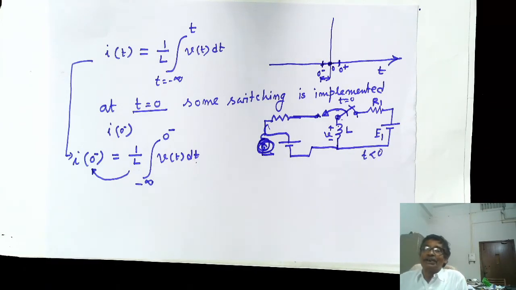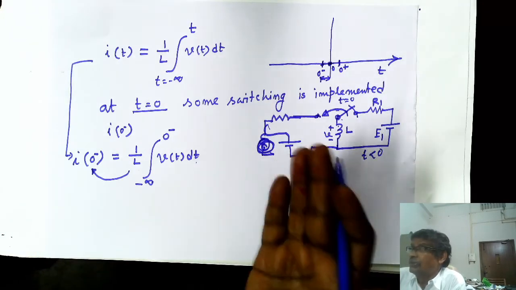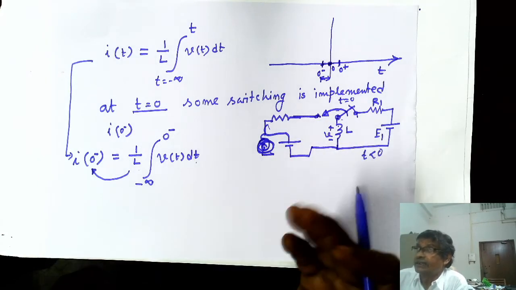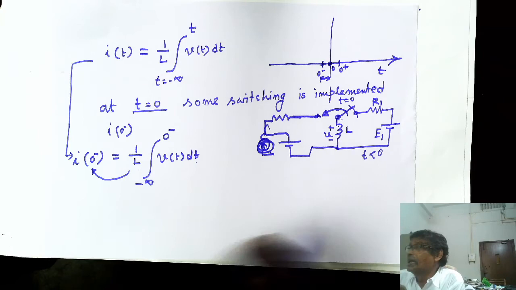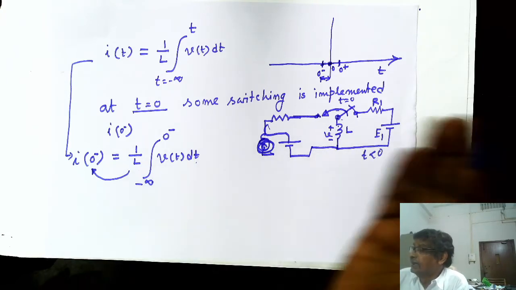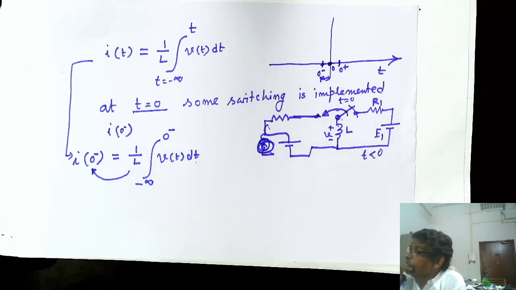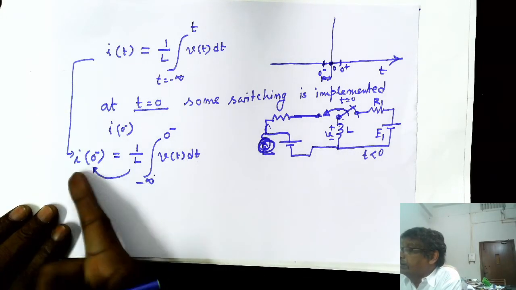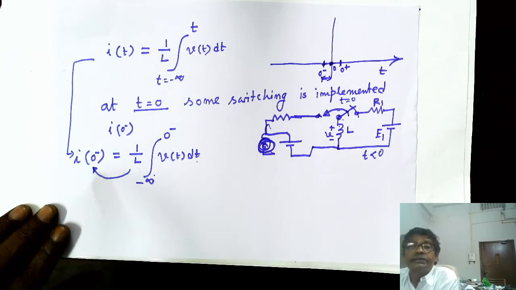One did not bother about what voltage you applied, how the current built up. But at t equal to 0 you are going to do some switching, suddenly trying to make it part of another circuit, and this integration is nothing but i(0 minus), that's all.